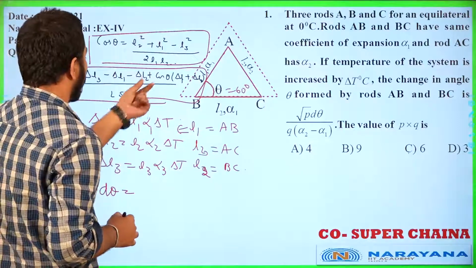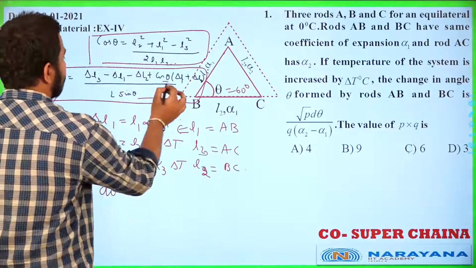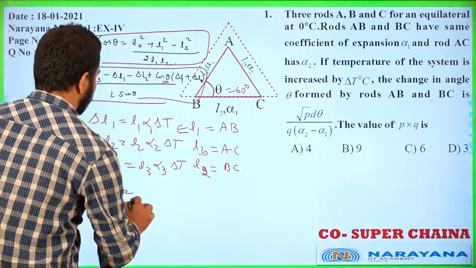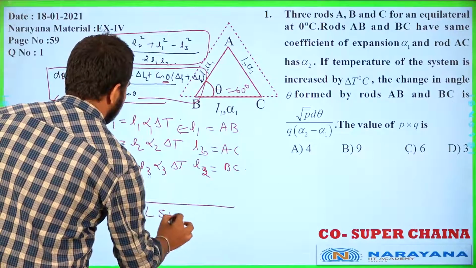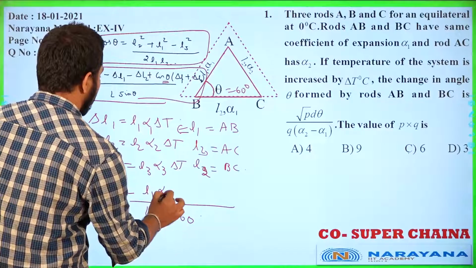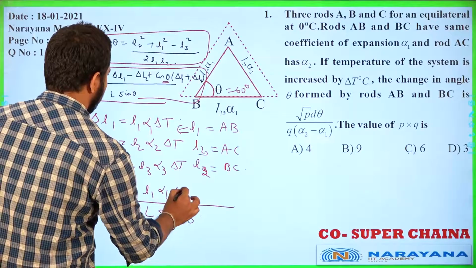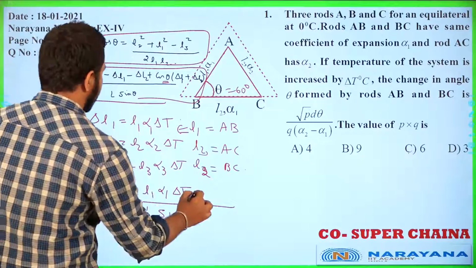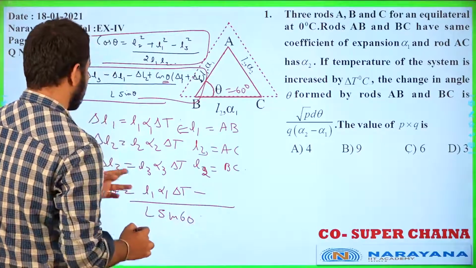So, cos theta value here is nothing but 60 degree. Just substitute here L sin 60. Delta L1 is nothing but L1 alpha 1 delta T, minus delta L3 I have to write.